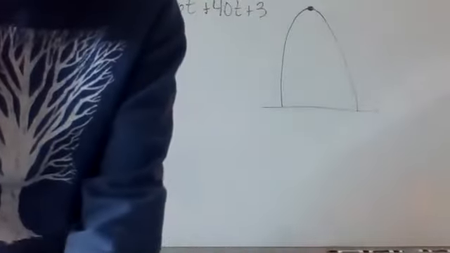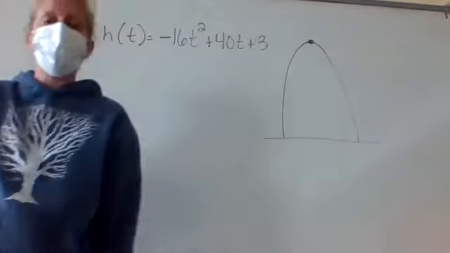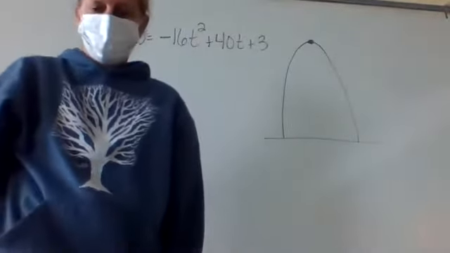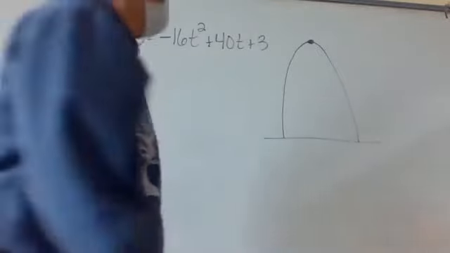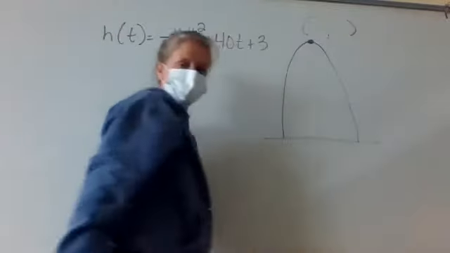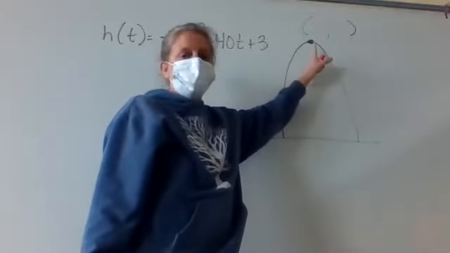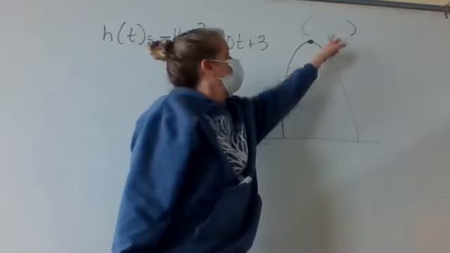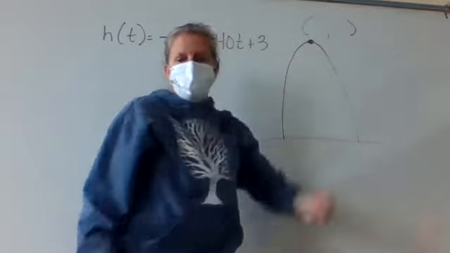So it wants to know two things. It wants to know the rocket reaches its maximum height at how many seconds, and what is the maximum height? So it really wants to know what this vertex is. The x-coordinate is going to tell us how many seconds it takes to get there. The y-coordinate is going to be the maximum height that the rocket goes.